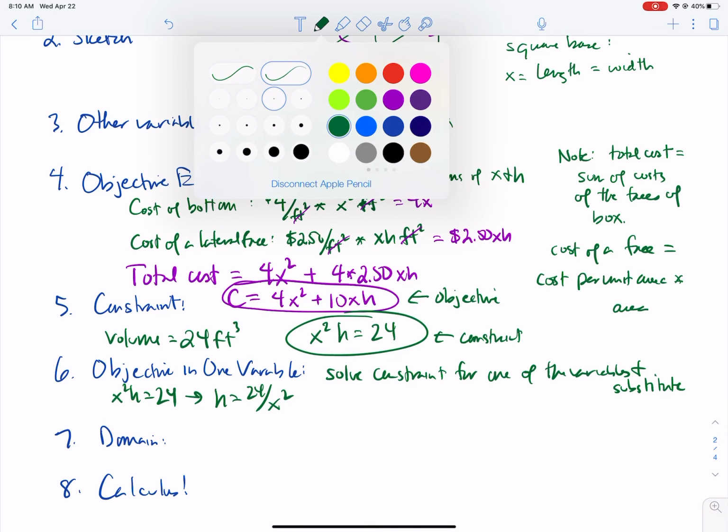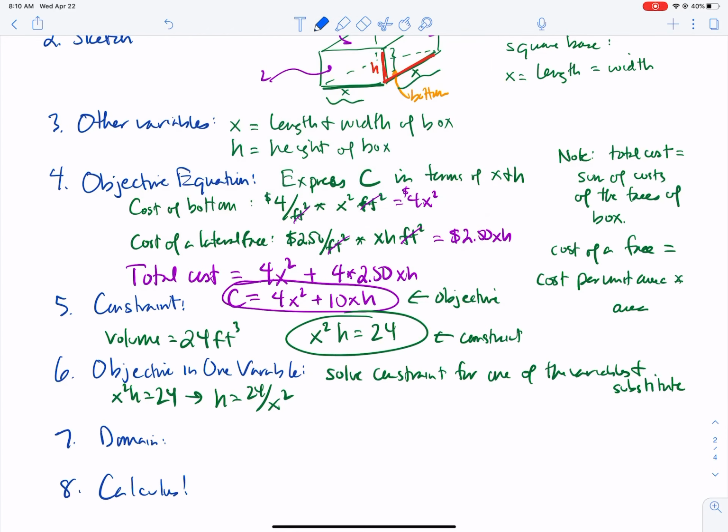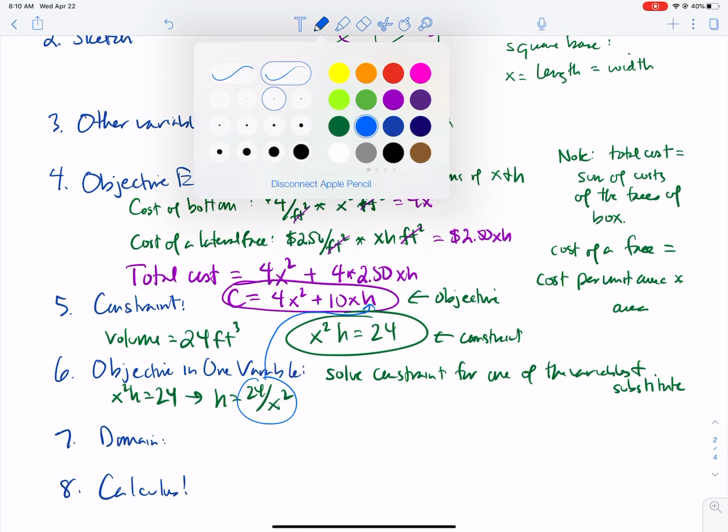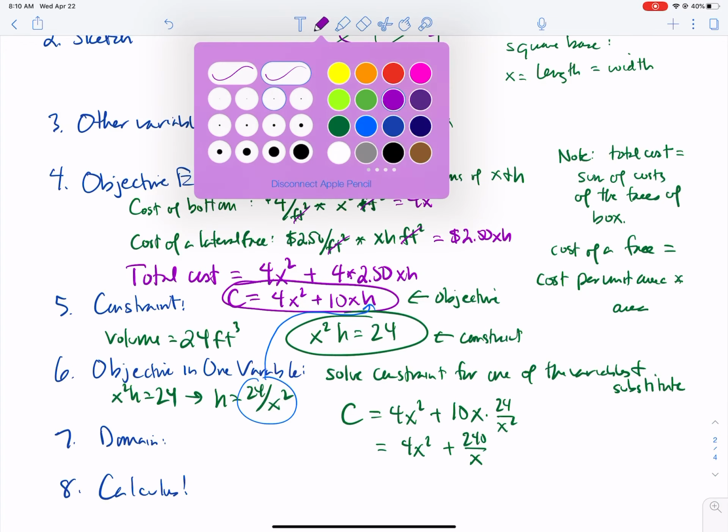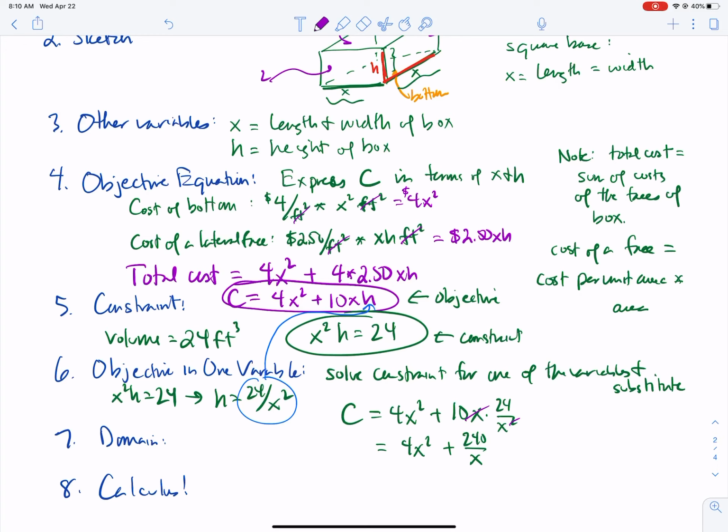And then I'm going to take this expression for h and put it in right there. And so I get C is equal to 4x squared plus 10x times 24 over x squared. And I can simplify that to 4x squared plus 240 over x, because we notice that this x is going to cancel with one of the x's right there.